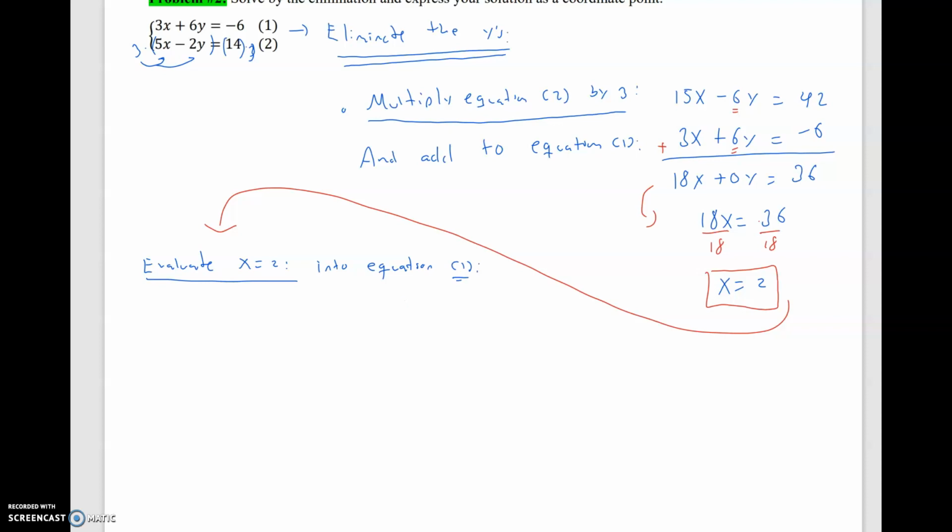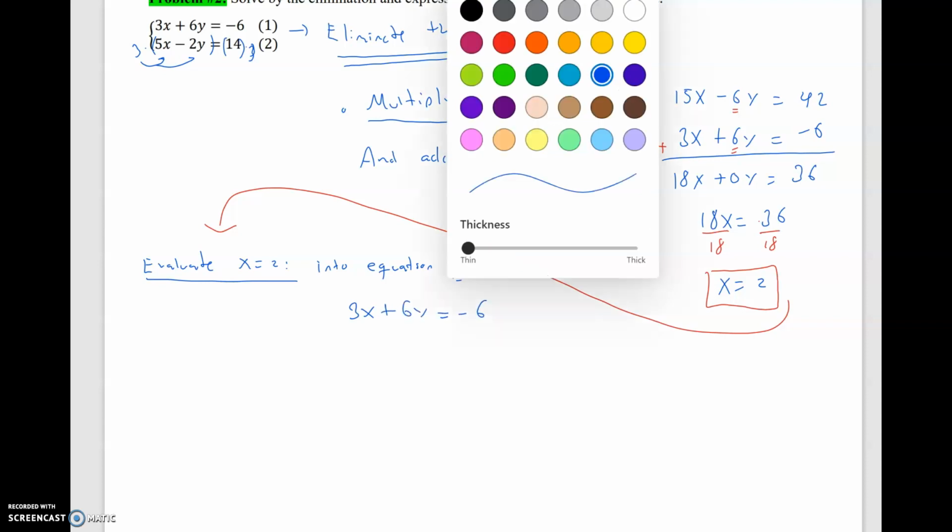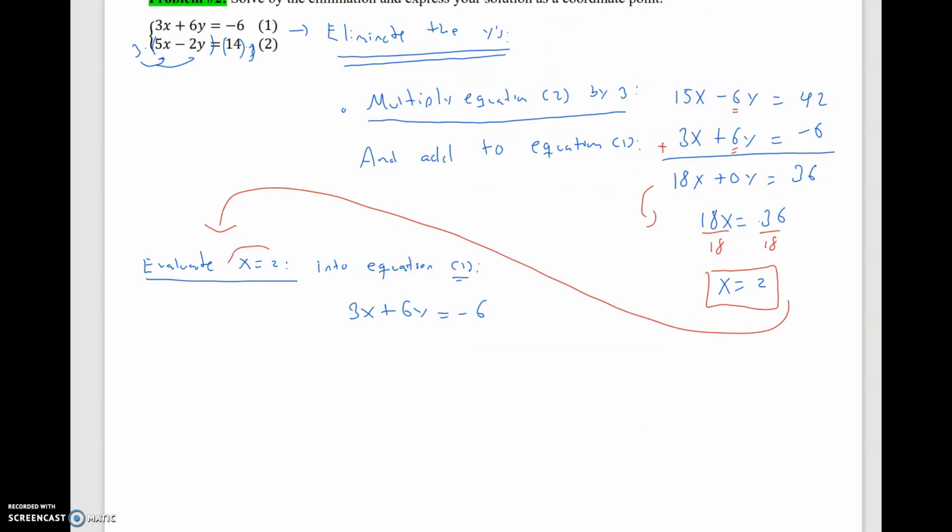Equation 1 reads 3x plus 6y is equal to negative 6. So we're plugging in our x value: 3 times 2 plus 6y is equal to negative 6, or 6 plus 6y is equal to negative 6.